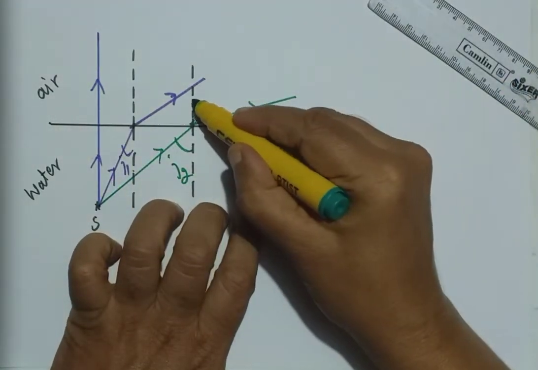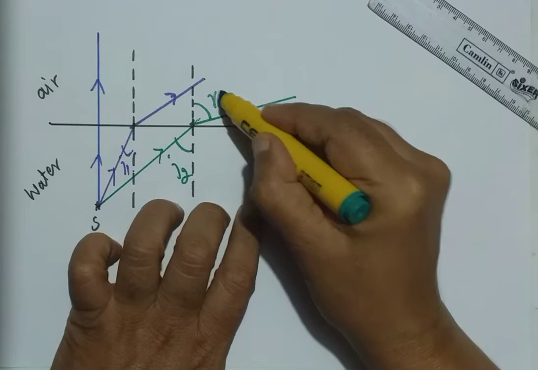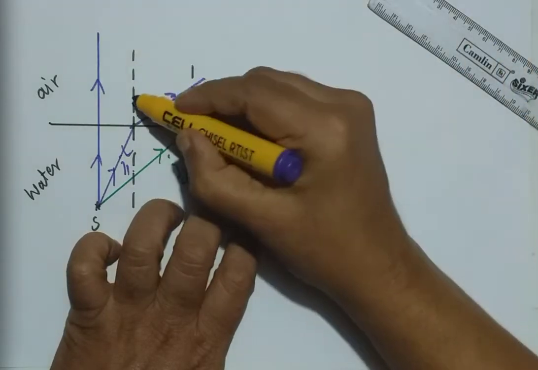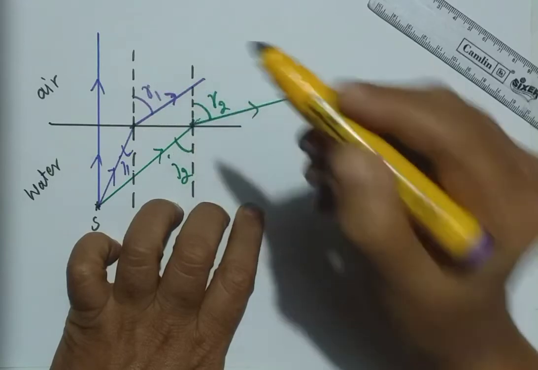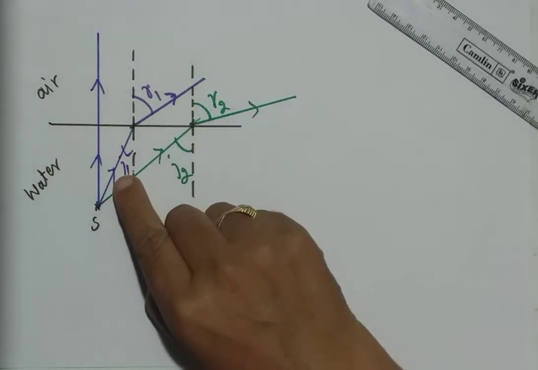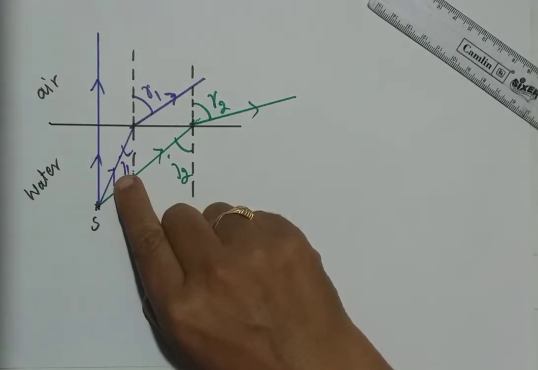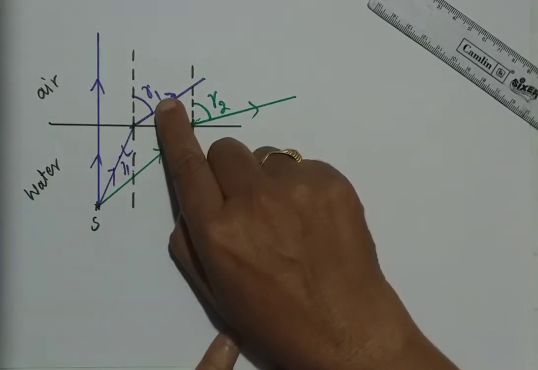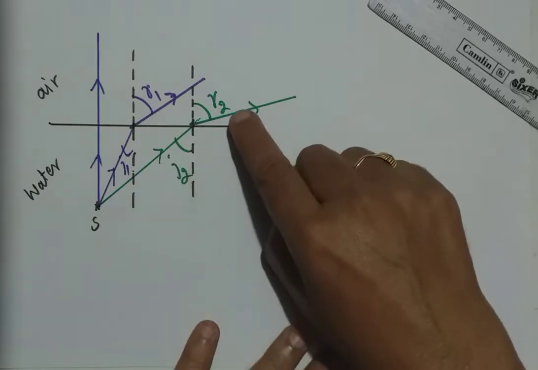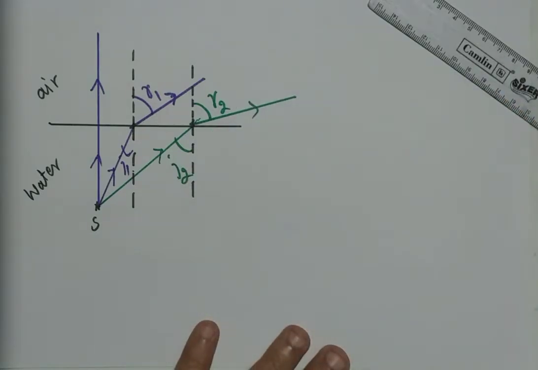Just observe, this is our R2, the angle of refraction, and this is our R1, angle of refraction for the first case. Just observe, when I1 is smaller, angle of refraction is smaller, but larger than I1. When I2 increased, angle of refraction also increased.